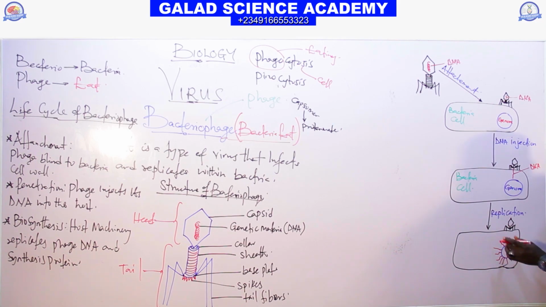So this is the replicated DNA. You can now call it viral DNA inside the bacteria cell.